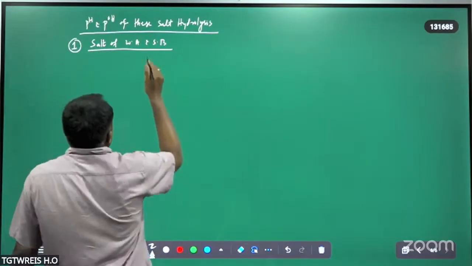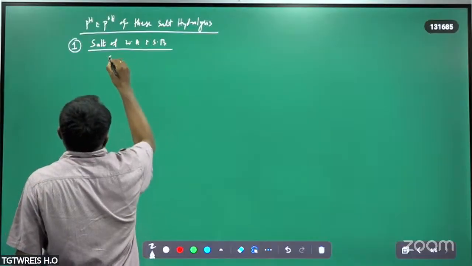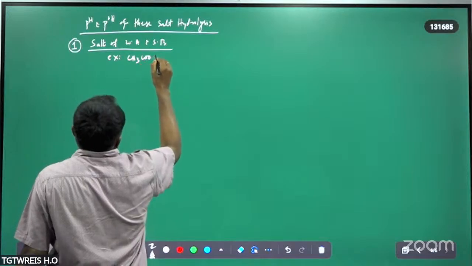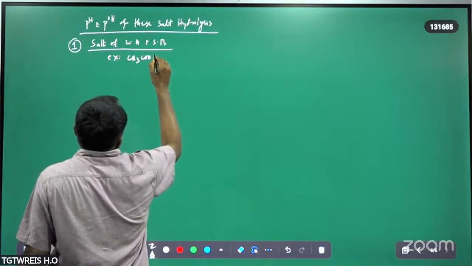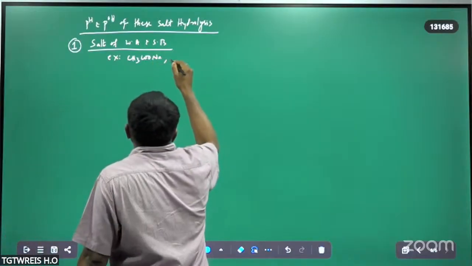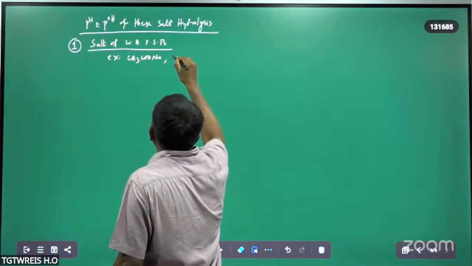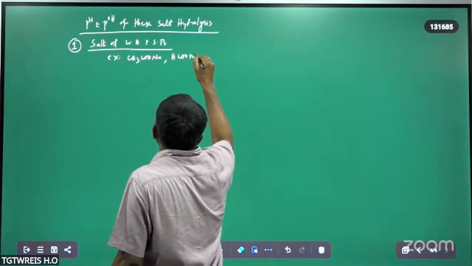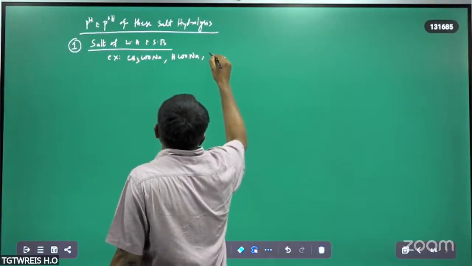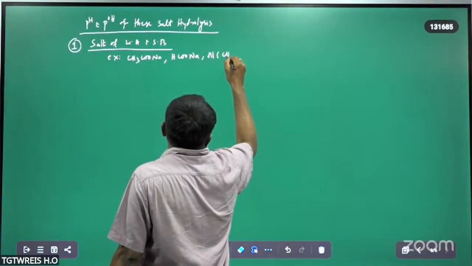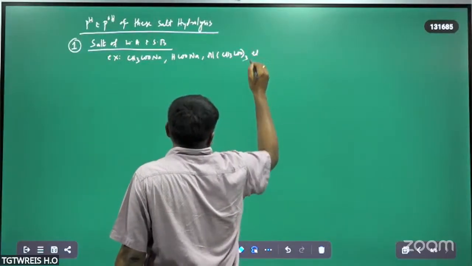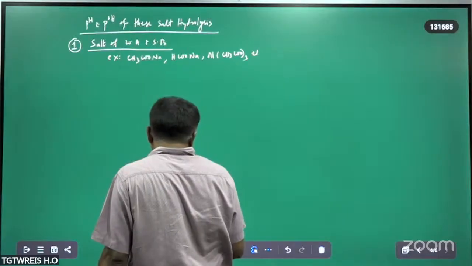So what are the examples of this weak acid and strong base? For example, weak acid CH3COOH and strong base NaOH. By mixing these, you get CH3COONa and HCOONa. Next, Al(CH3COO)3, etc. Or magnesium chloride also.